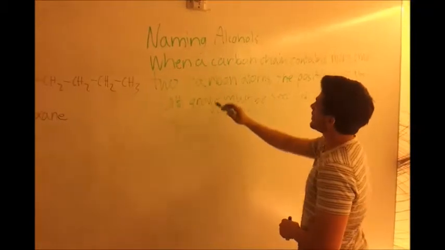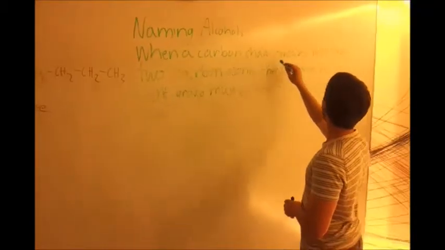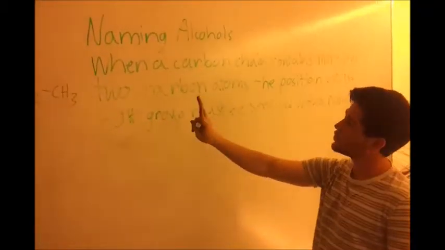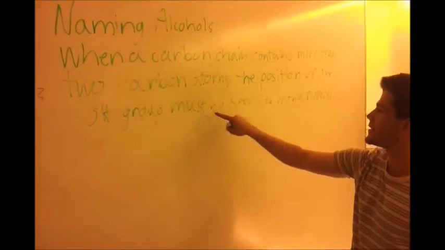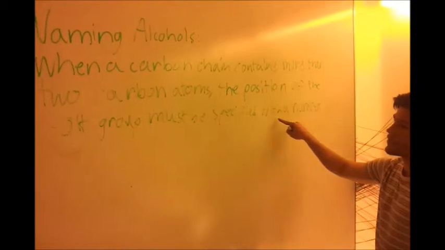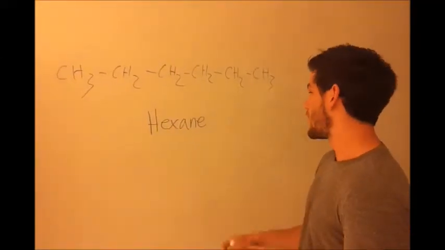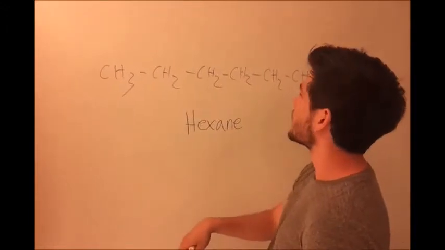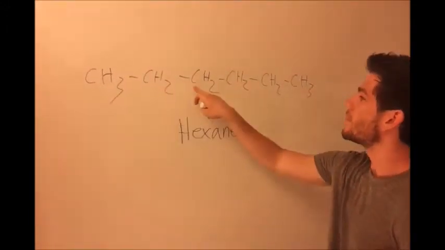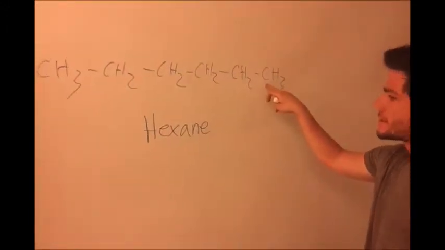So our second rule for naming alcohols: when a carbon chain contains more than 2 carbons, the position of the OH group must be specified with a number. So over here I have a hexane molecule, and that's because it's made up of 1, 2, 3, 4, 5, 6 carbons.